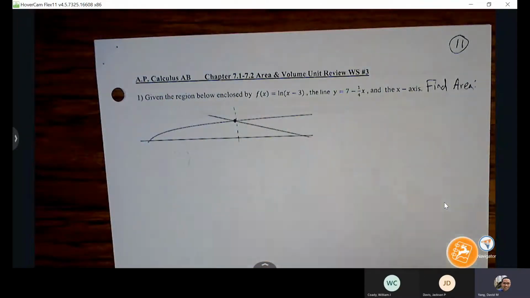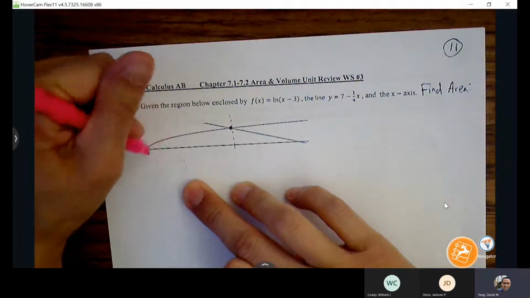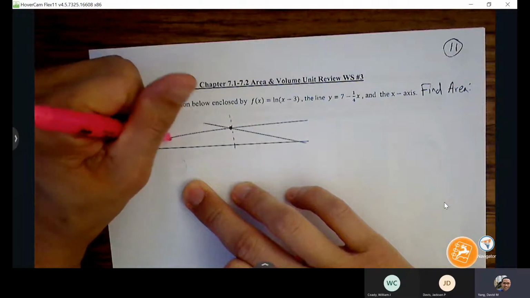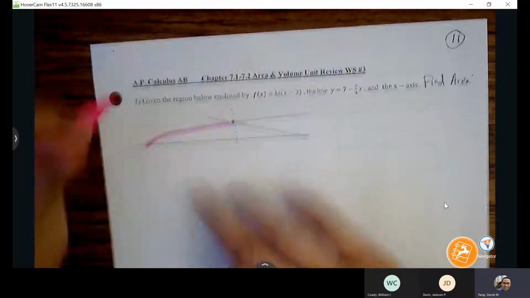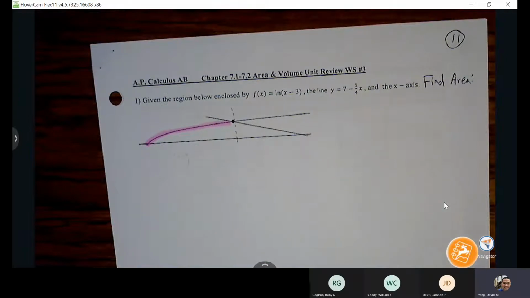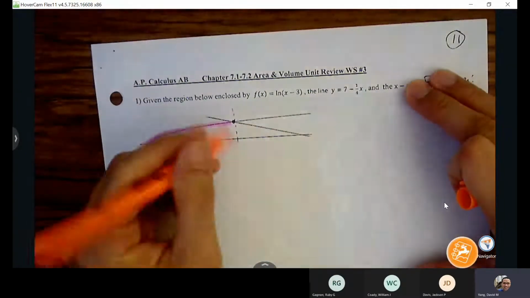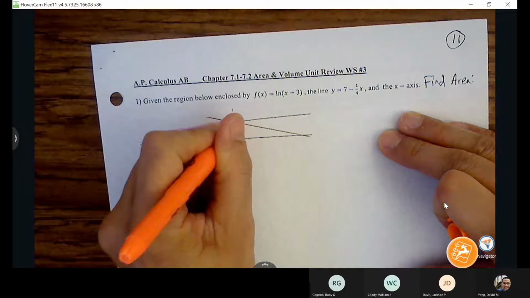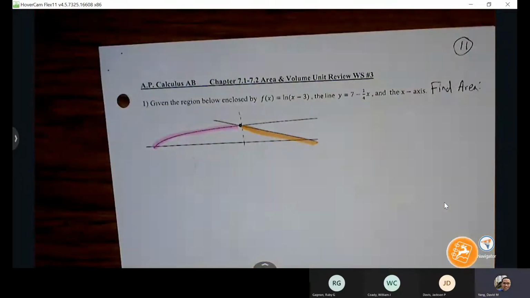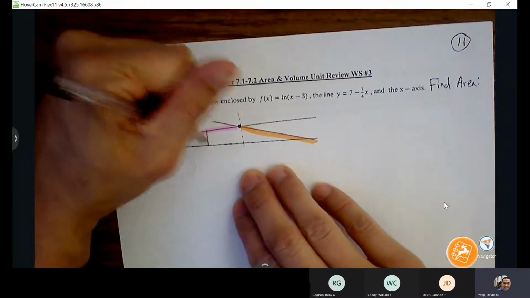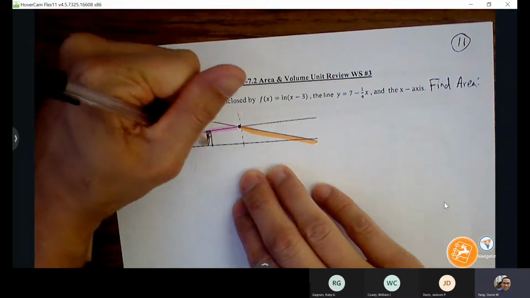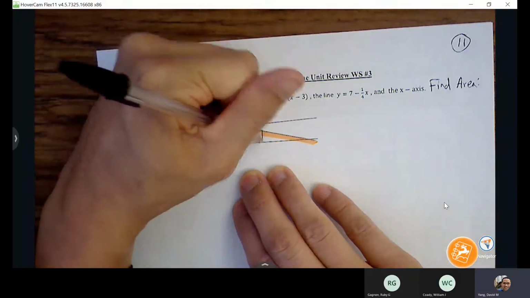On the left side, the top function is going to be that natural log graph. On the other side, it's going to be that 7 minus 1/4 x graph. So we need 2 separate definite integrals.